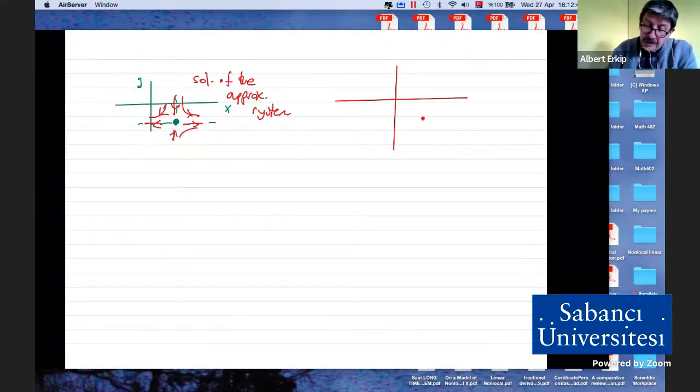This is the fixed point, and it should really be only approximately equal in this closed region. So basically, we would probably have things like this.